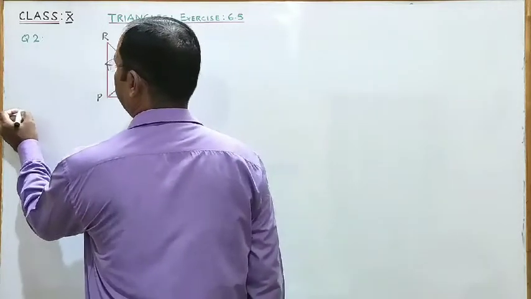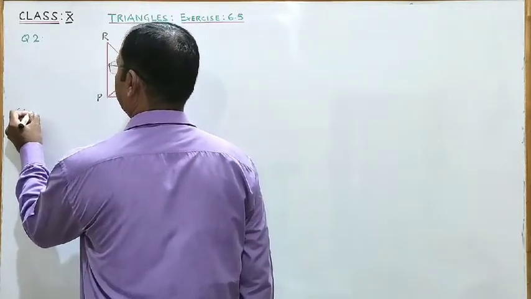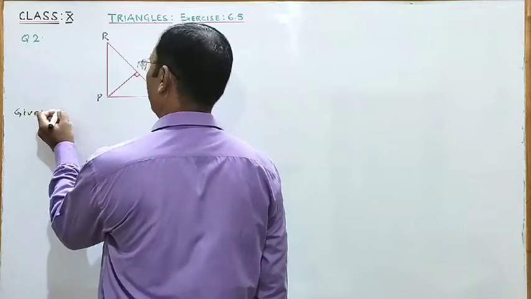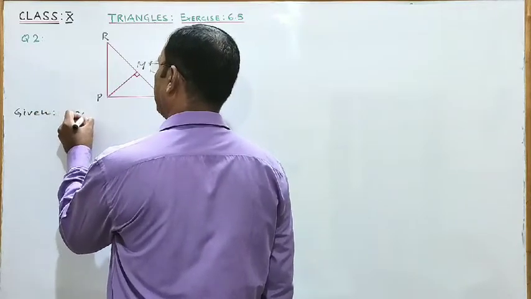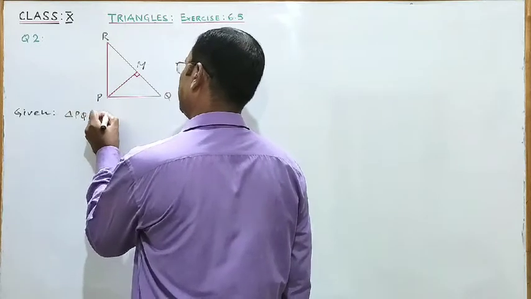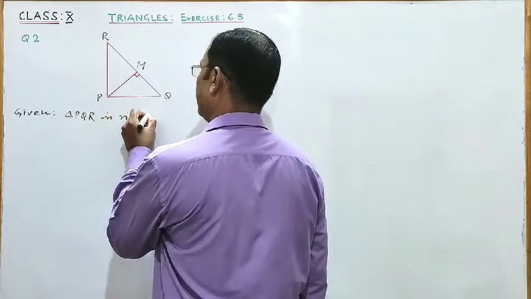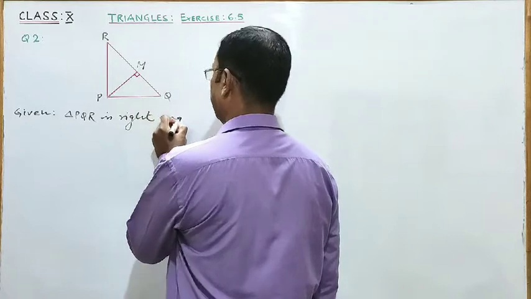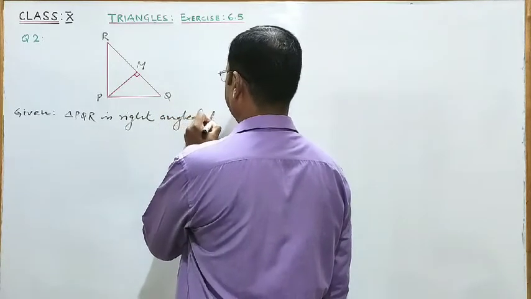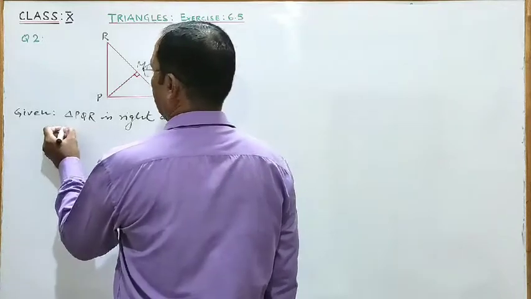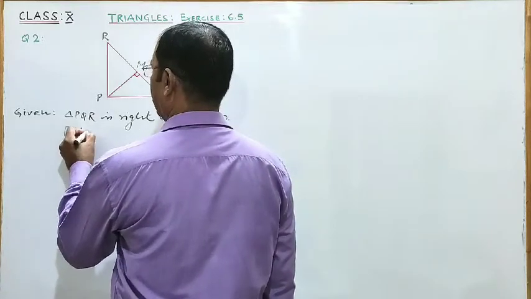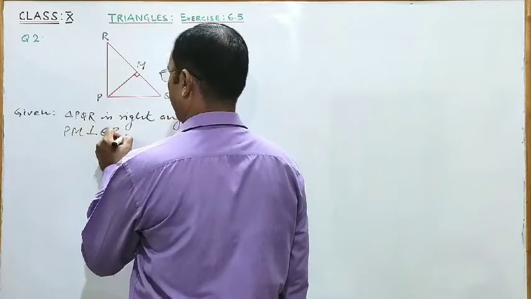So given: triangle PQR is right angled at P and PM is perpendicular to QR.